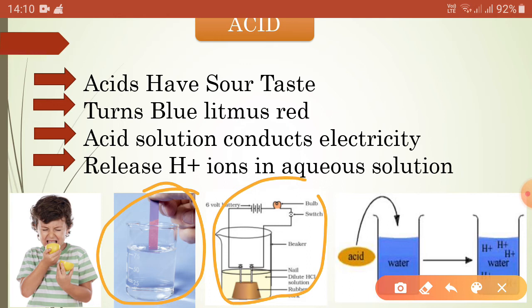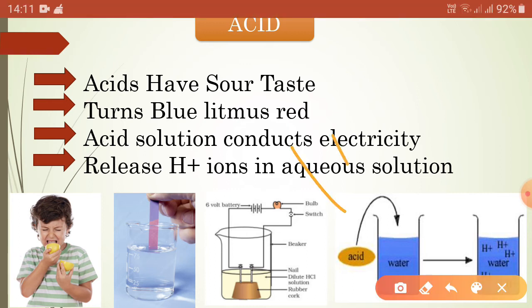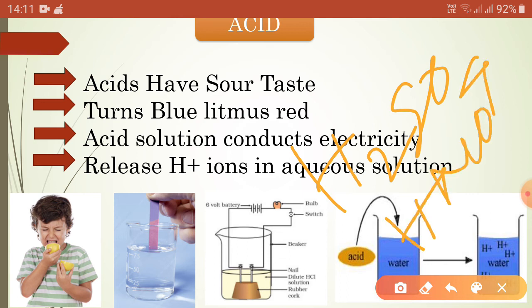If we add acid to water, then H plus ions will be released by the solution. For example, we may take sulfuric acid, H2SO4, nitric acid, HNO3, and acetic acid, CH3COOH.